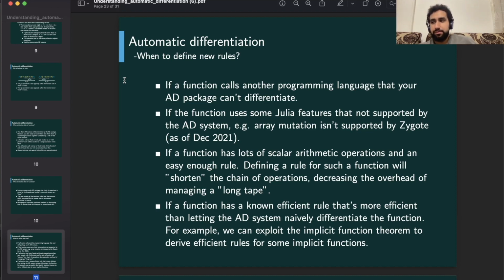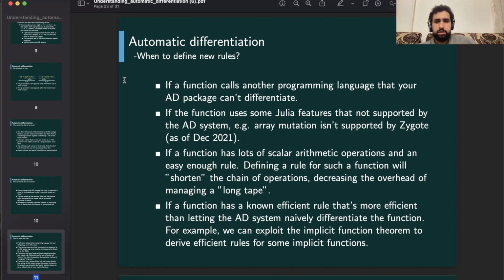So there are all sorts of ways that you can play with this and have fun with it and optimize your functions. Again, defining a rule doesn't necessarily mean you have to sit down, scratch your head, and write down rules by hand and then figure out how to define it. You can also just call other AD systems or AD packages to do that for you that might be more convenient and more suitable for this particular function, right?